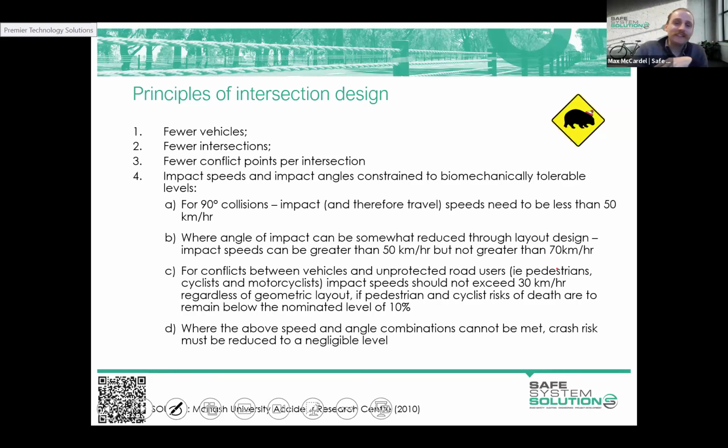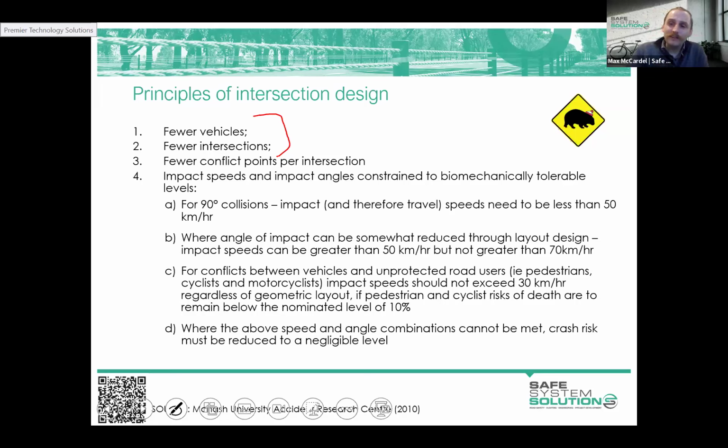Very interestingly, the first two principles were to do with, well, if we can remove vehicles, or at least reduce the number of vehicles going through there, or remove or reduce the number of intersections. They were seen as the two salient points, because basically the configuration in itself is not conducive to safe outcomes.